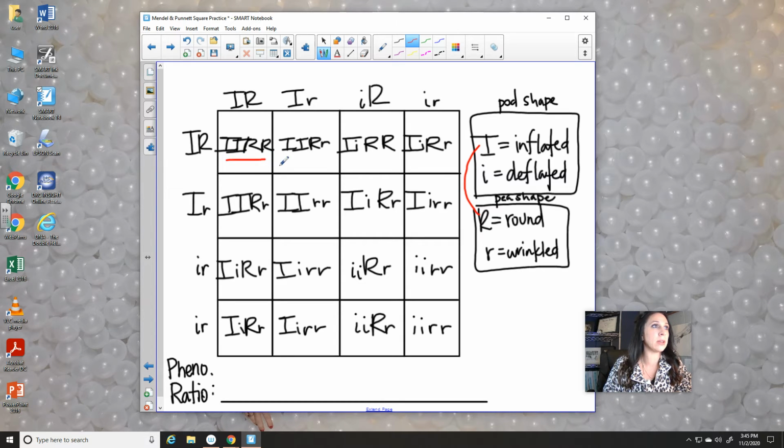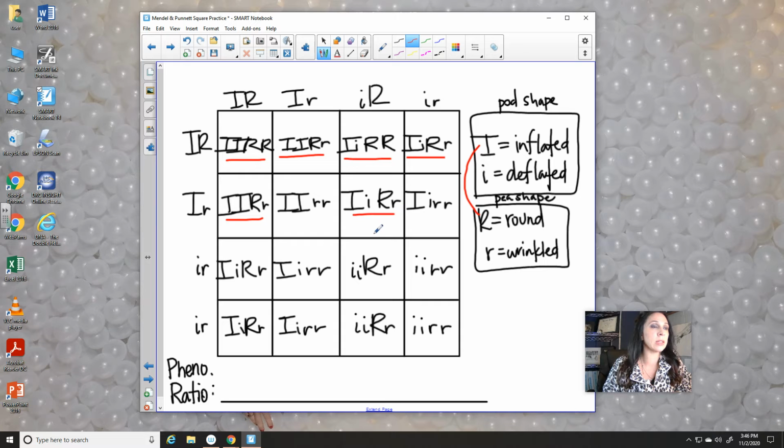So that is yes. This one is also inflated and round, same inflated and round. That one is not because it does not have a big R. So we're going to skip that one.